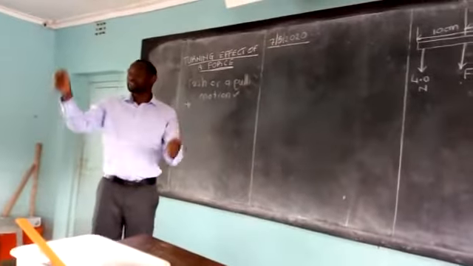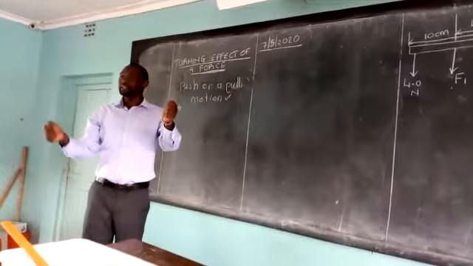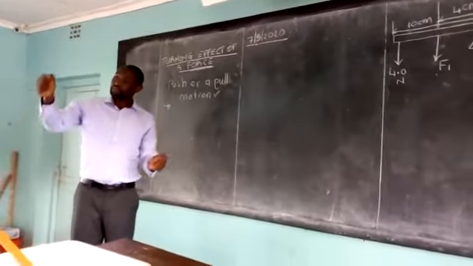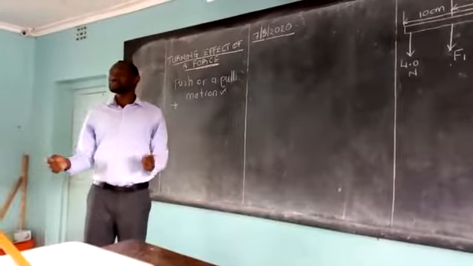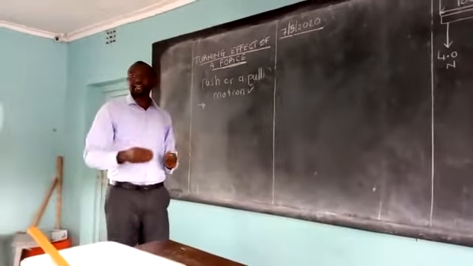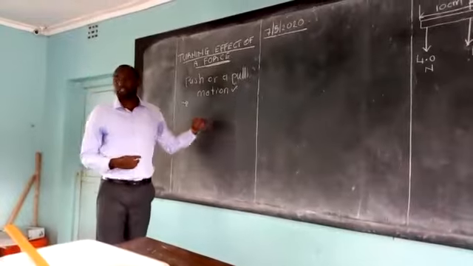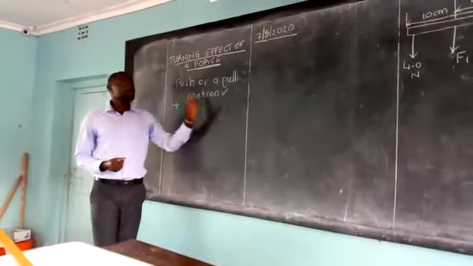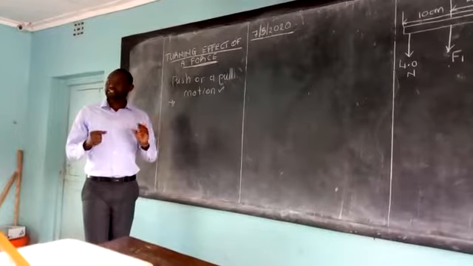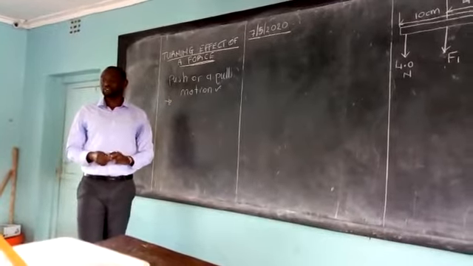Look at a driver steering a vehicle. When they want to make the vehicle turn, there is the effect of a certain force applied to make it turn. So there are so many applications of the turning effect of a force. And we'll go straight to see what this turning effect of a force is.